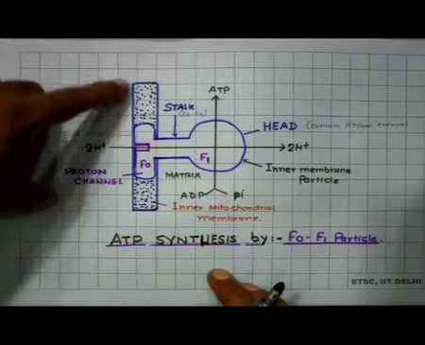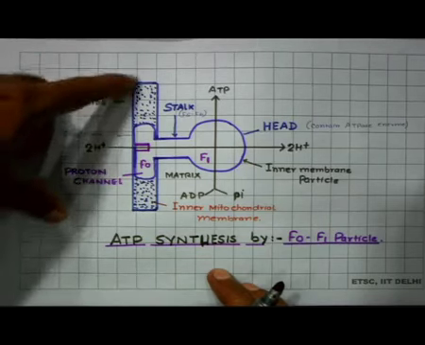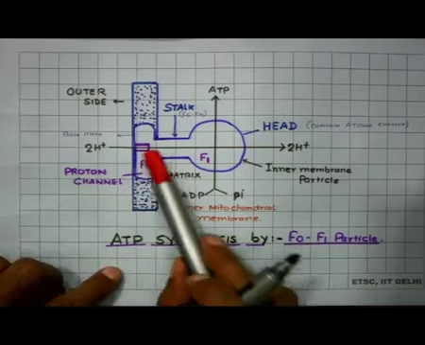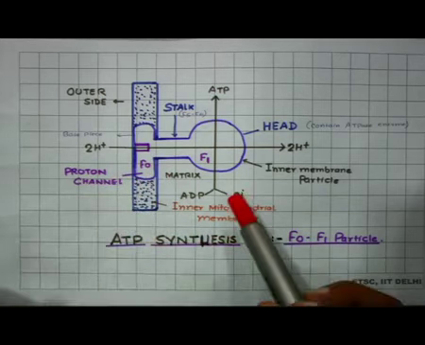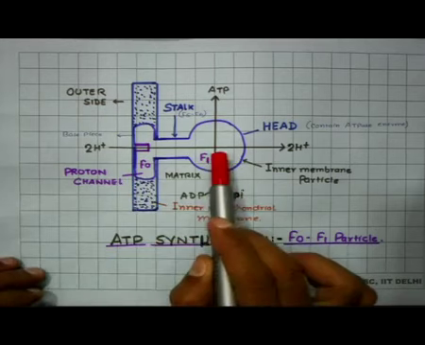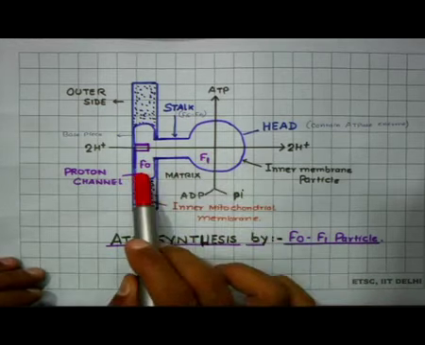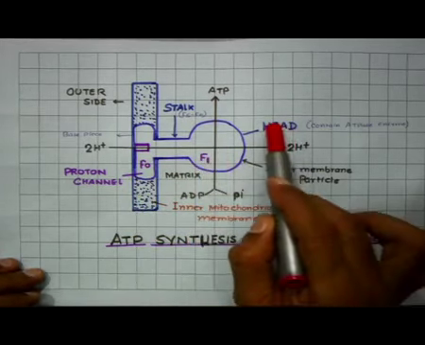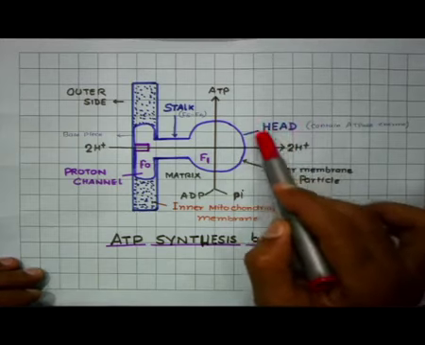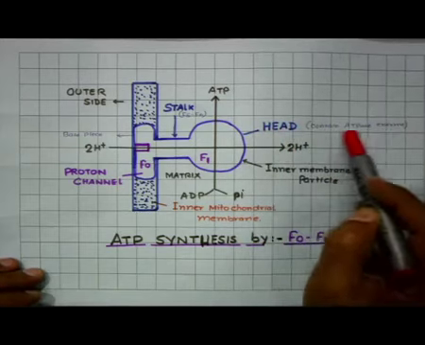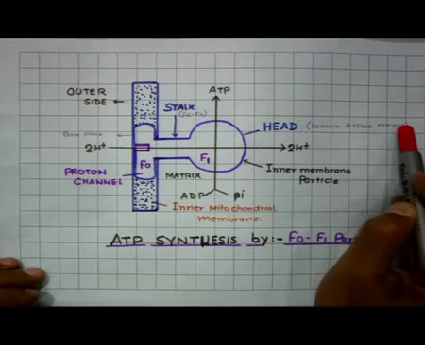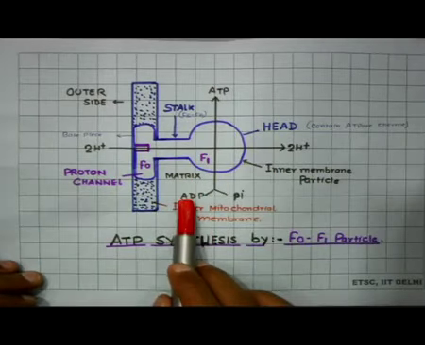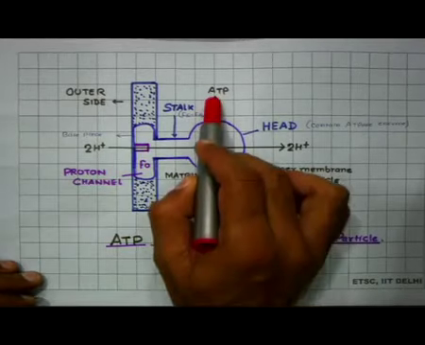Here is the outer side of the mitochondria, called the outer membrane. Here are the proton channels, and the oxysome is made by two particles, F0 and F1. This one is the head. This head contains the ATPase enzyme, which helps in the synthesis of ATP, combining ADP and Pi to form ATP.